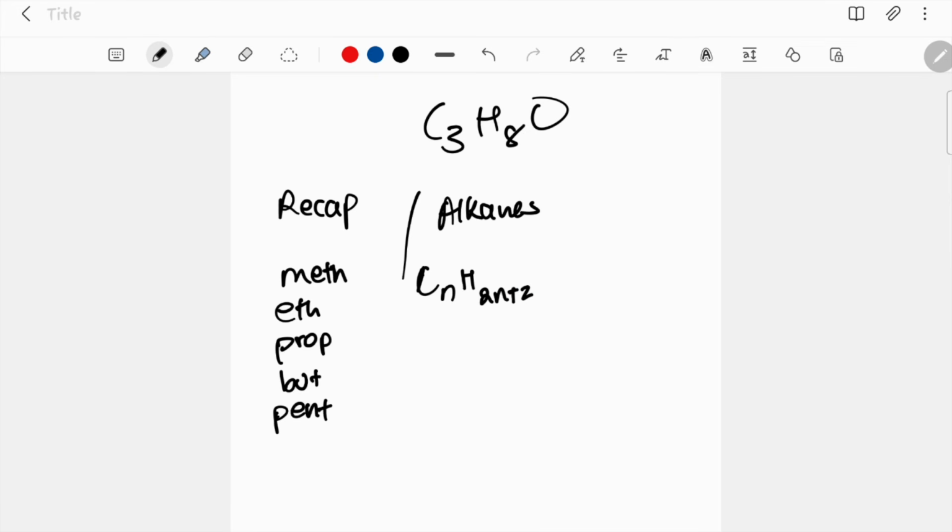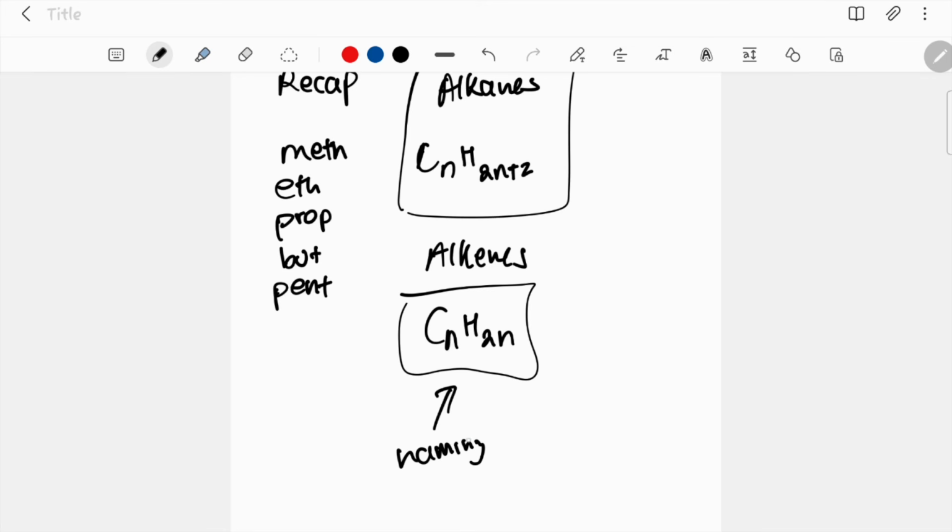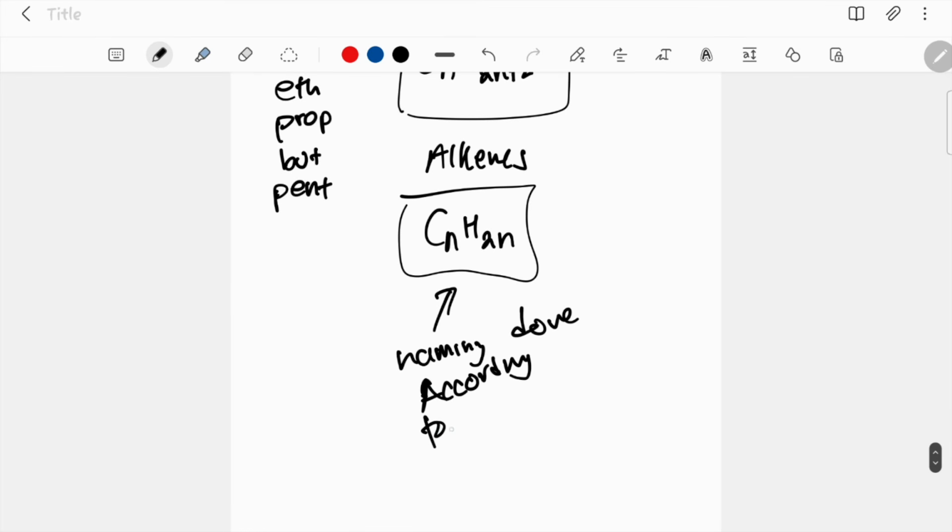For alkenes, they follow a simple CnH2n, and then naming is done according to where the double bond is.